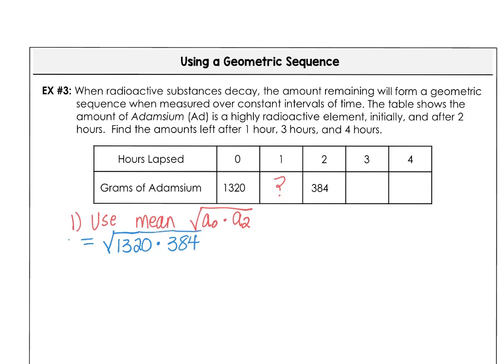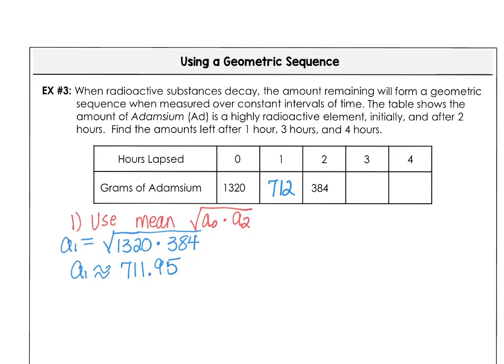This is going to be our a sub 1 term. On our calculator, I'm getting about 711.95. So we'll round that amount to a whole number here and say we had 712 grams after an hour.